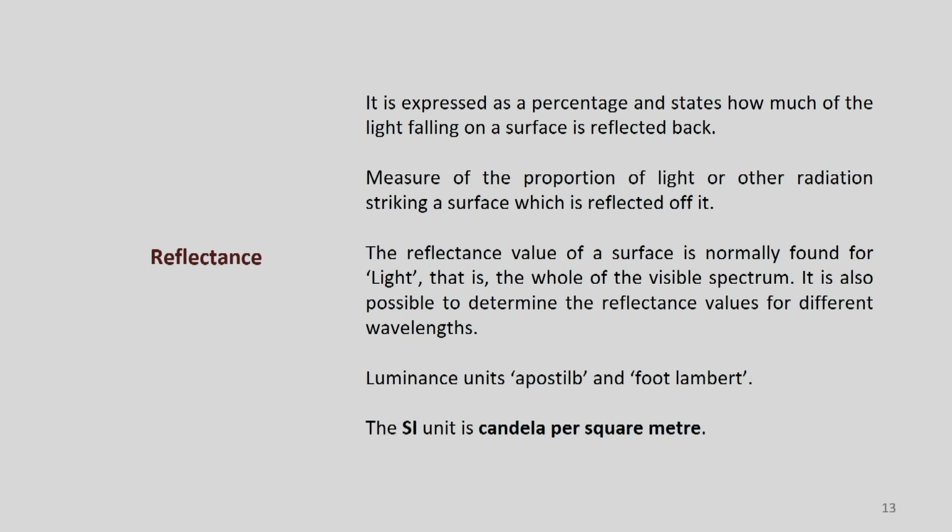Okay, so some amount is coming and some amount is going back. When we are trying to measure and understand these variables, we will be talking about reflectance. Again, the unit here is candela per square meter.